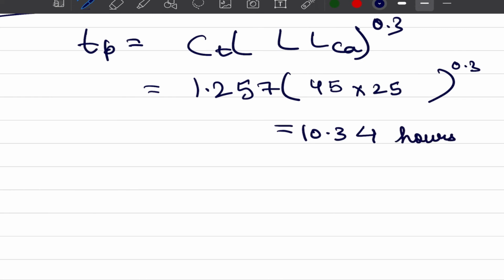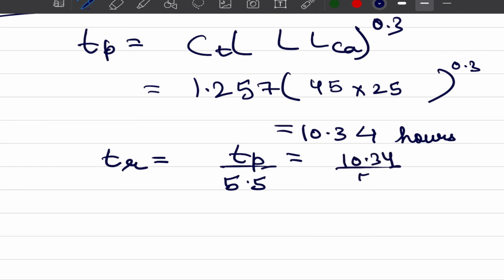Now we have calculated TP. We know from Snyder's unit hydrograph theory that TR is equal to TP divided by 5.5, which happens to be 10.34 divided by 5.5, equal to 1.88 hours.